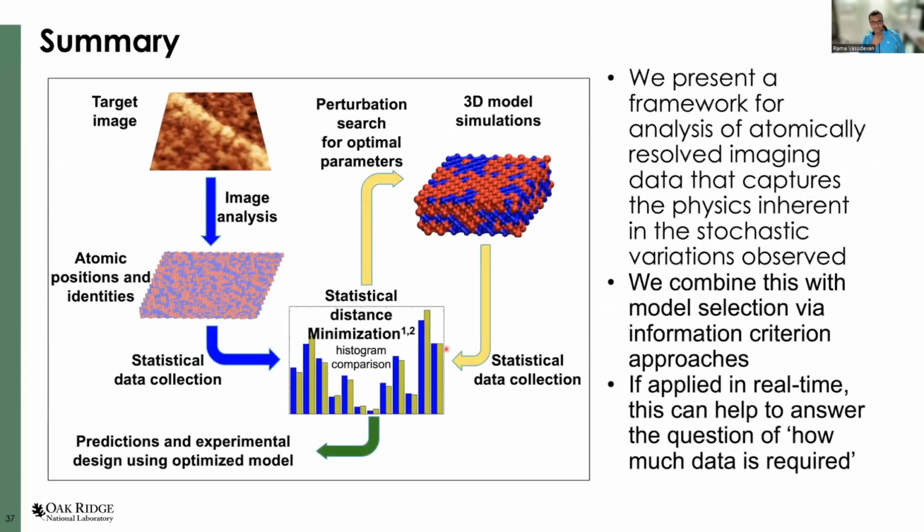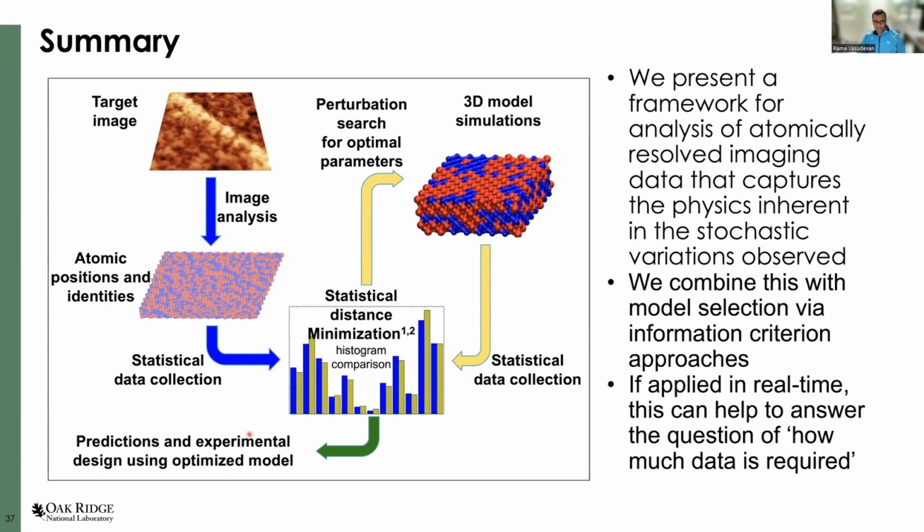So in summary, I've shown you a framework for analysis of atomic resolved imaging. First, I started with very basic computer vision texture analysis. Then I moved to local crystallography and what can be done from a really data-driven approach. But really, if we want to extract the physics, then we need to move to physics-based models, and we need to be able to combine the best of the data-driven methods that can give us information about what's actually present and what's actually relevant for our image, and then compute that, and then compare that with physics-driven models with optimization techniques that I've shown here.